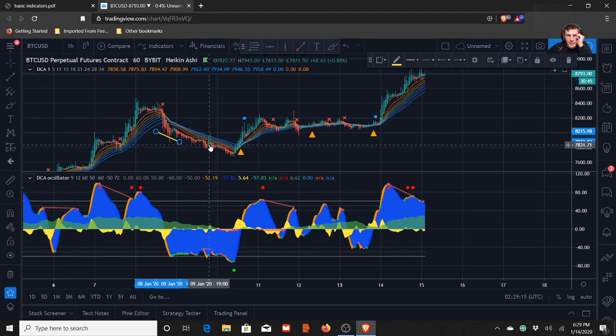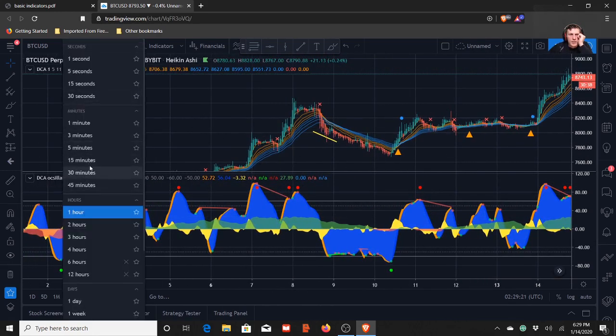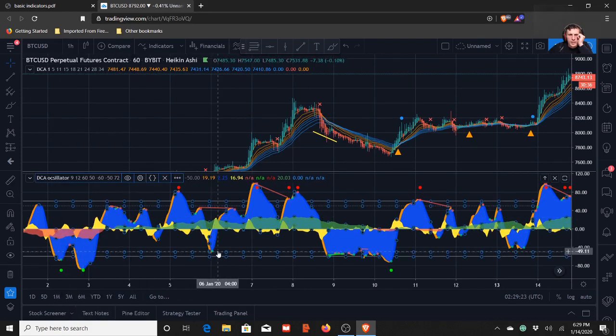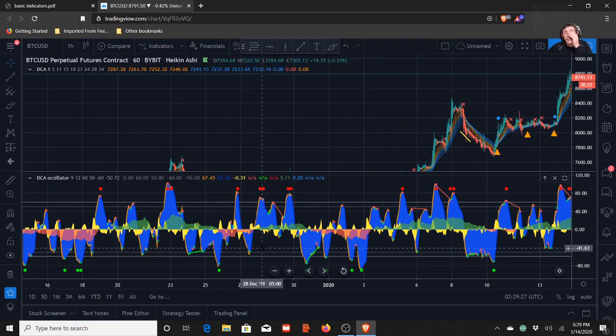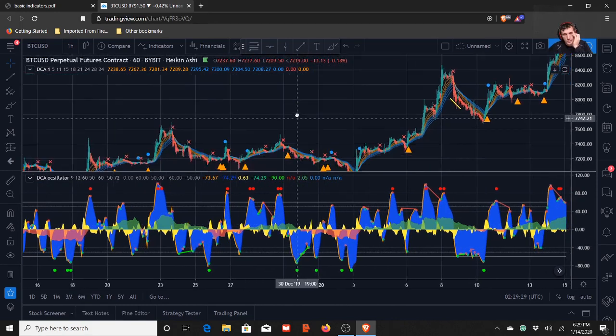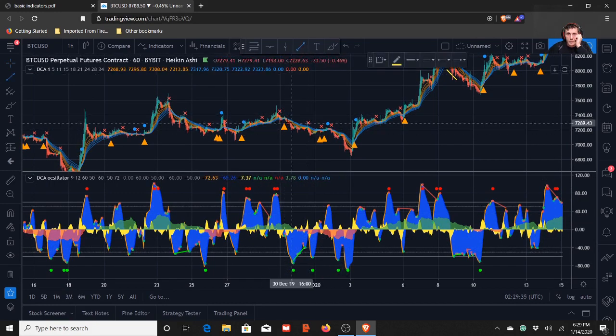And that's why we got this little pop-up right there. See if I can find any better bullish. Here's a couple. So here our oscillator's going up, our candles are moving down.